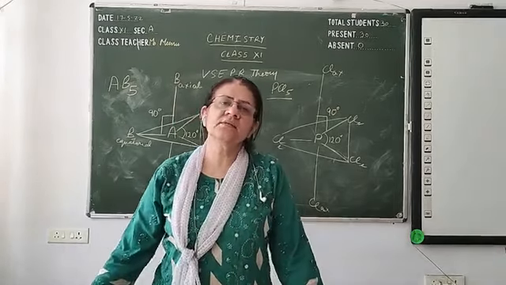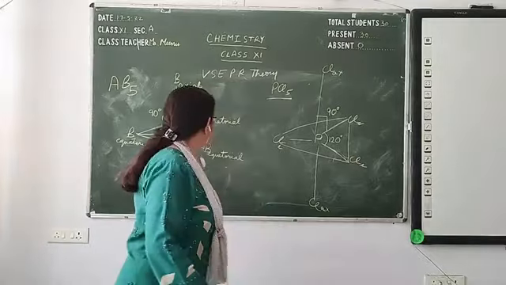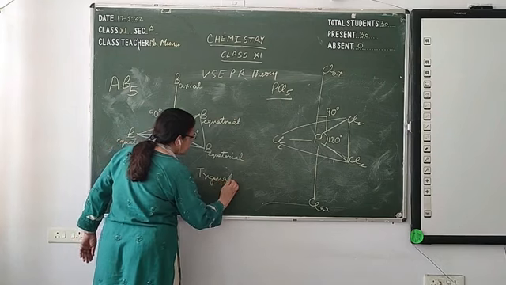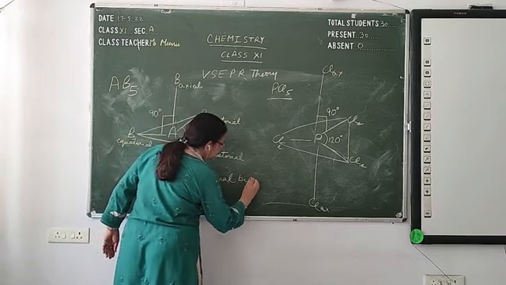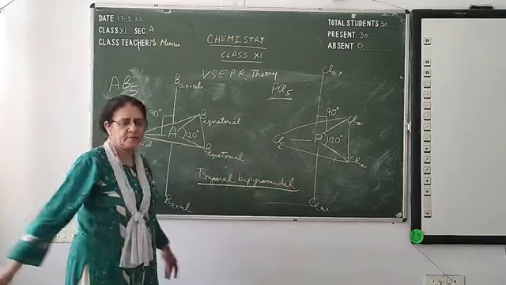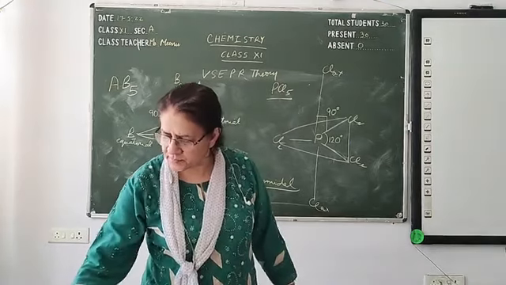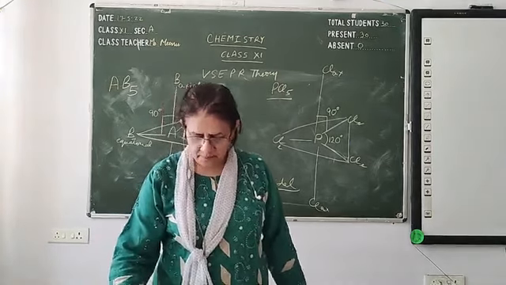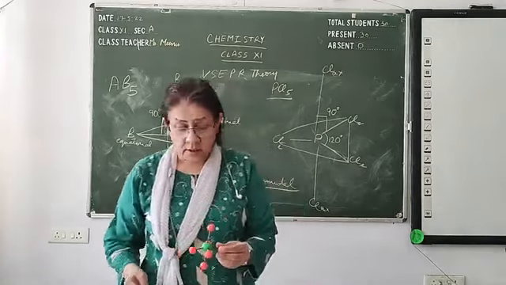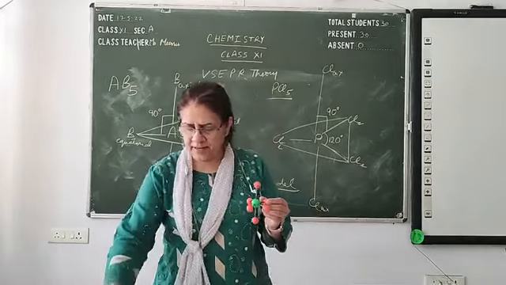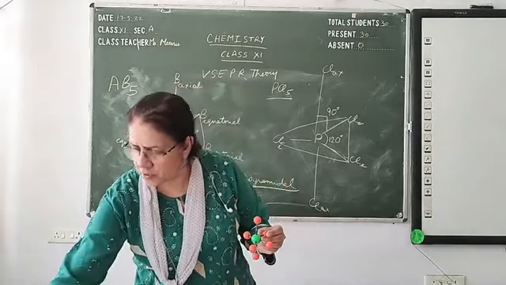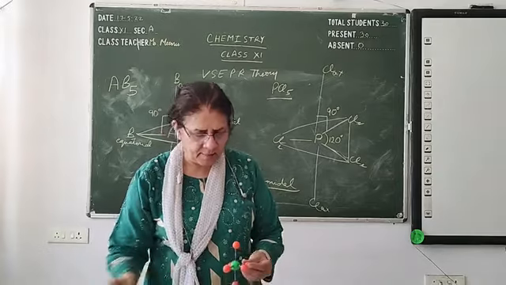Okay. So what is this shape called? This shape is called as trigonal bipyramidal, and in a trigonal bipyramidal shape we have got 3 atoms in one plane and we have got 2 atoms, one above the plane and another below the plane.